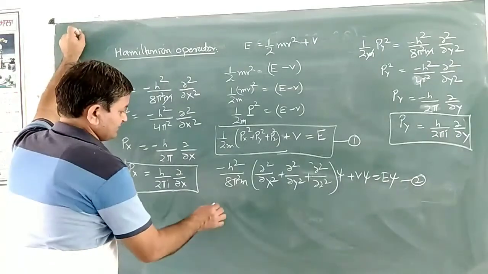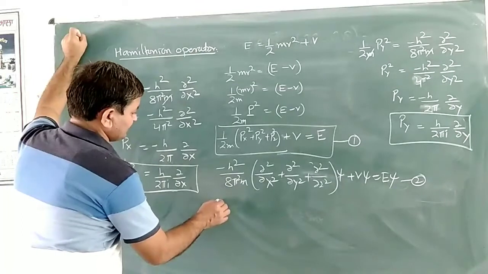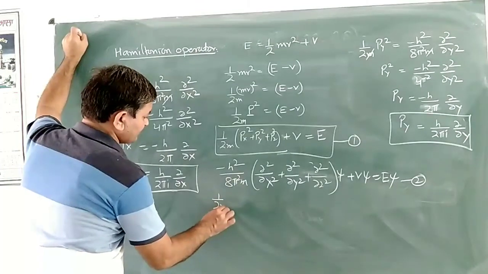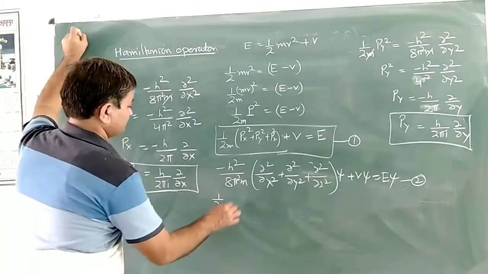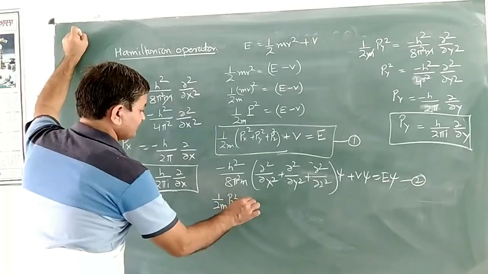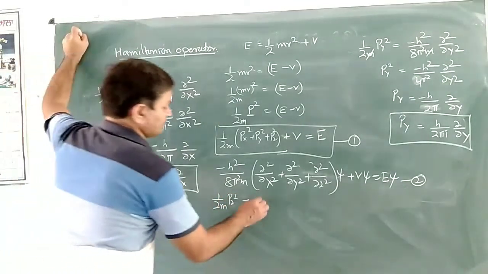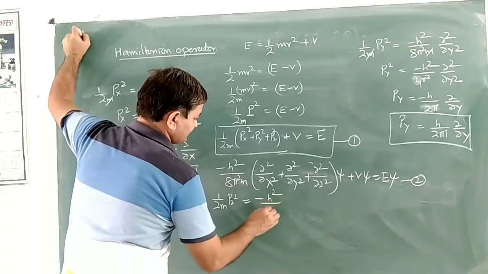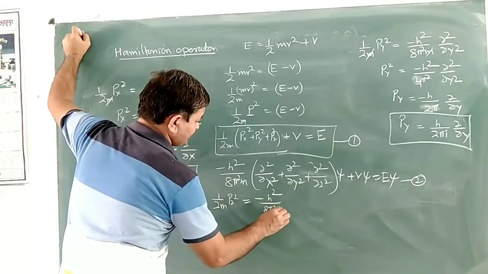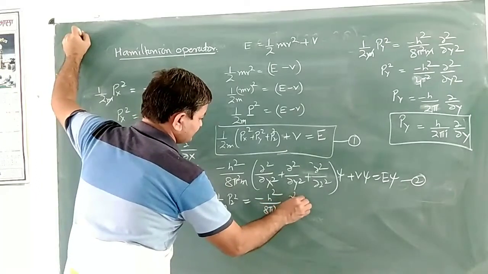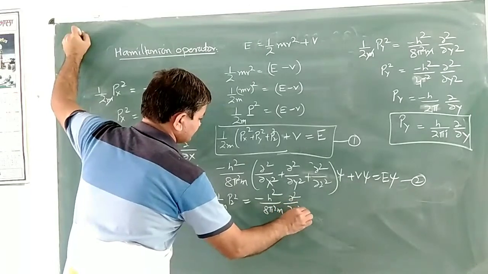तो that is what here that is in that we have this 1 by 2m and here is Pz square that will be equal to minus h square divided by 8 pi square m and here is curly divided by curly z square.